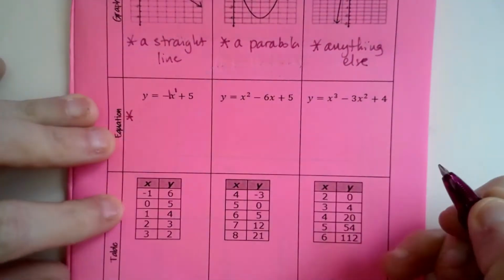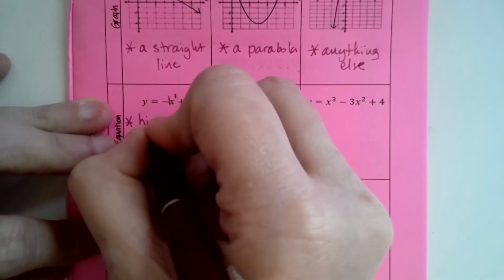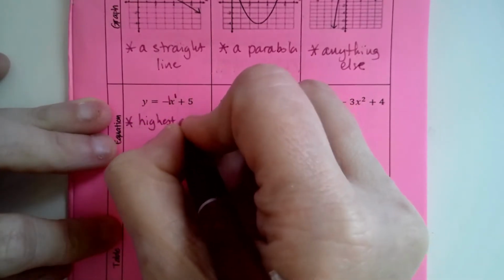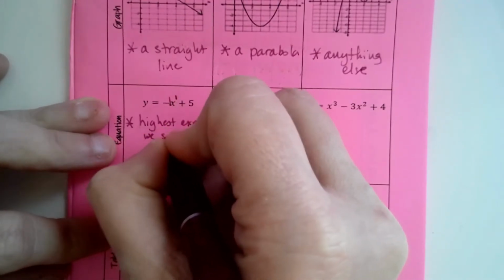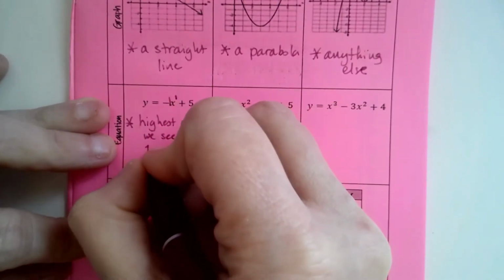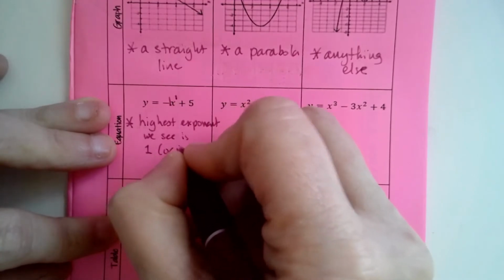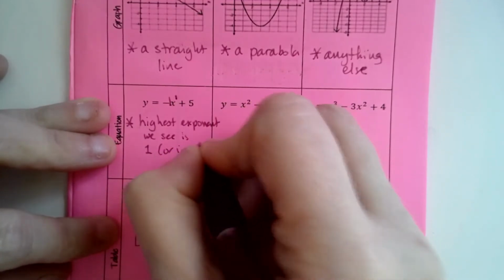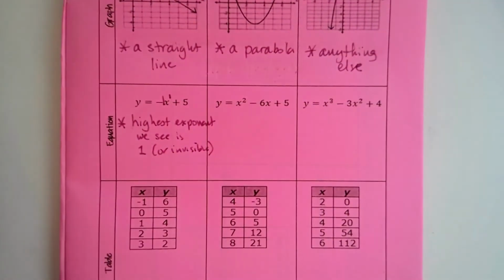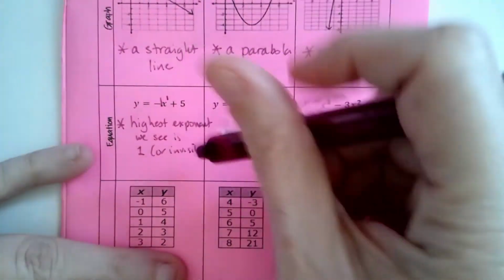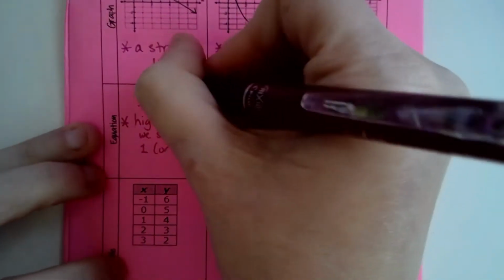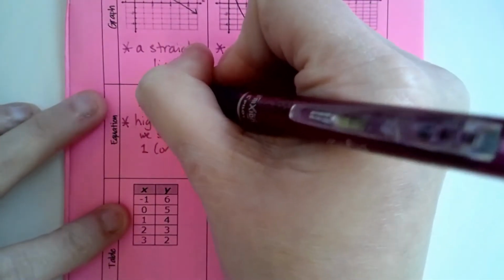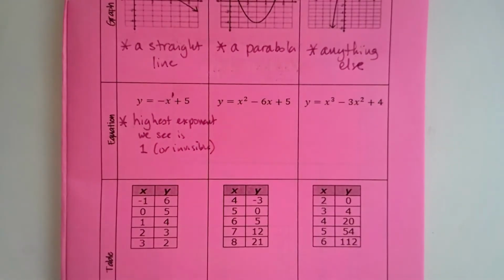And what that tells us is that the highest exponent we see is 1 or invisible. So we might see this 1 exponent, we might not see anything. We might just see the invisible exponent. Okay, so it might just look like that. But the highest exponent we're going to see is 1.